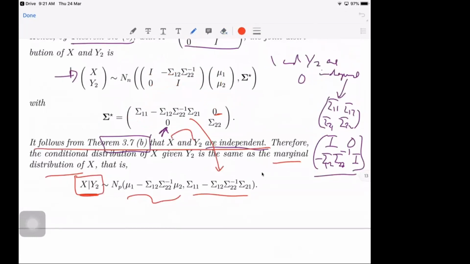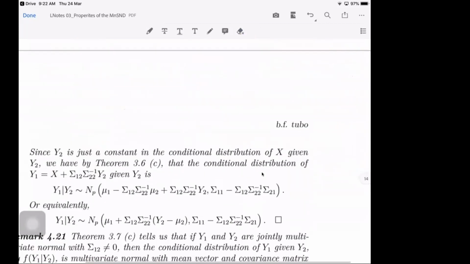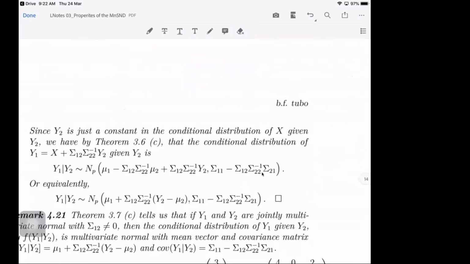So kini siya, ikuha na siya dinhi, no? After you multiply that.